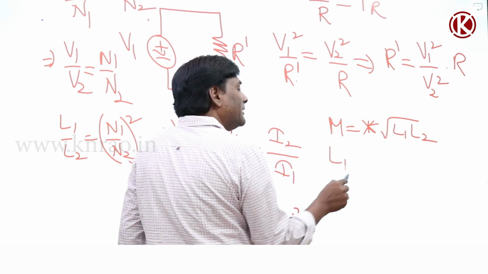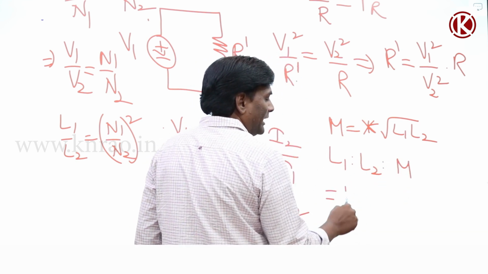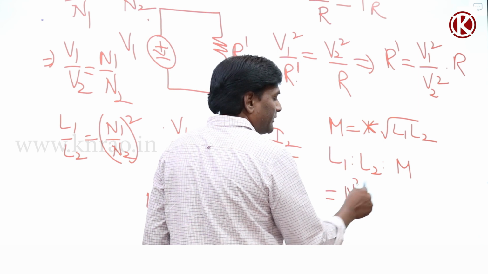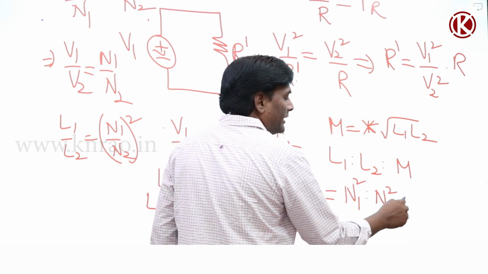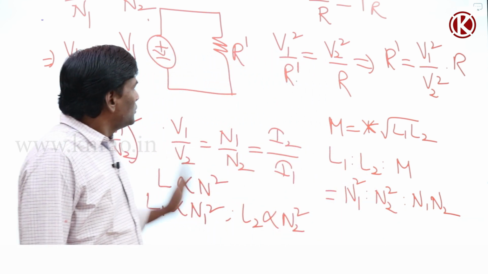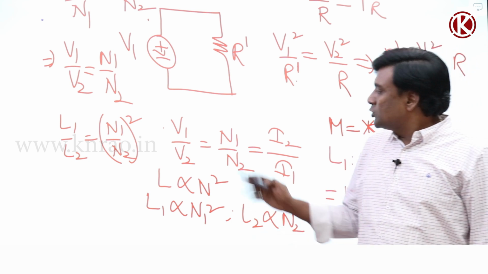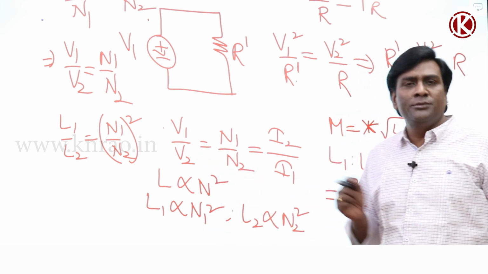So I can say that L1, L2, M are proportional to N1 square, N2 square, N1 N2. These are the conclusions taken, and with these conclusions we can solve the problems.